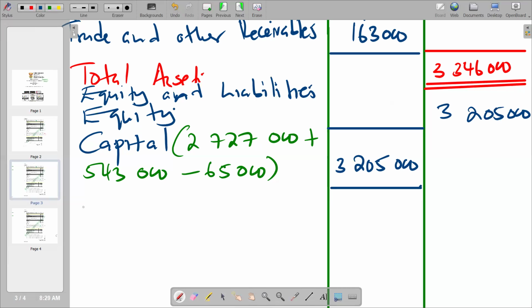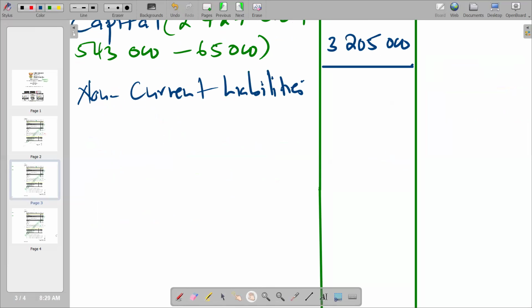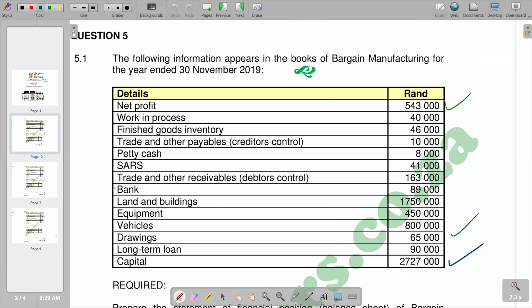So after that, we go to non-current liabilities. For non-current liabilities, what are we supposed to do? We check in terms of the information given. Long-term loan and mortgage loan are part of non-current liabilities.